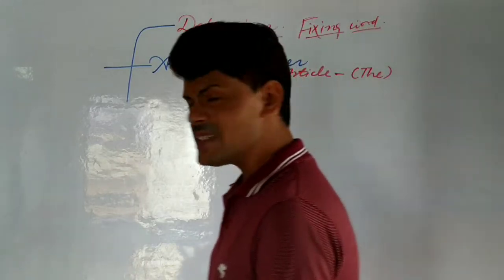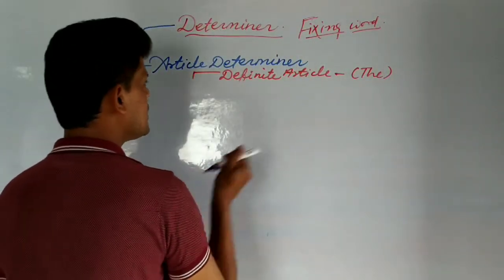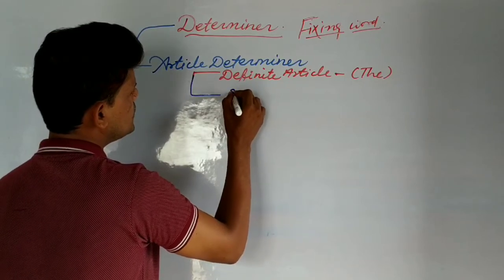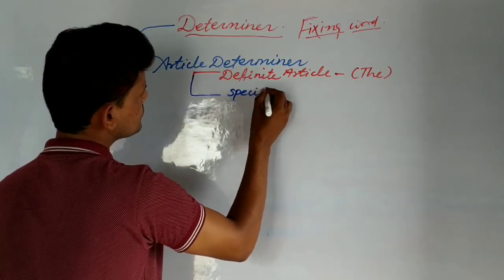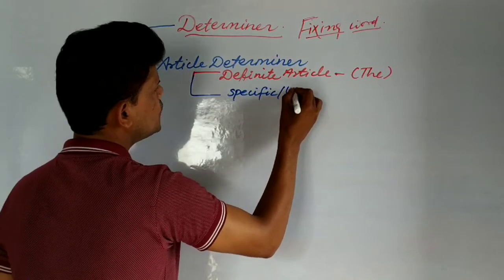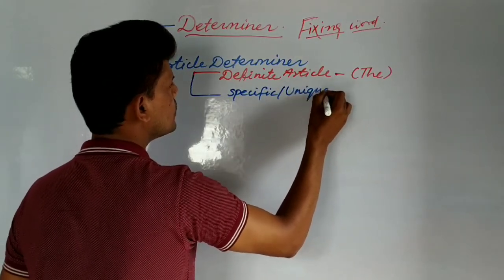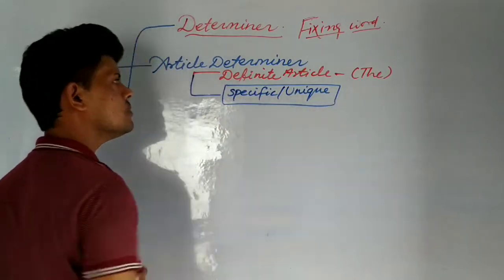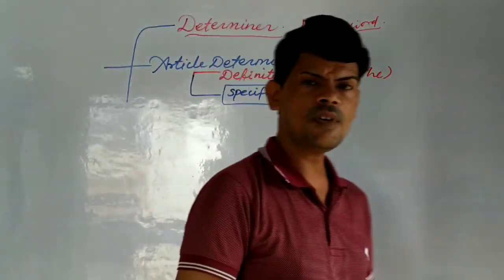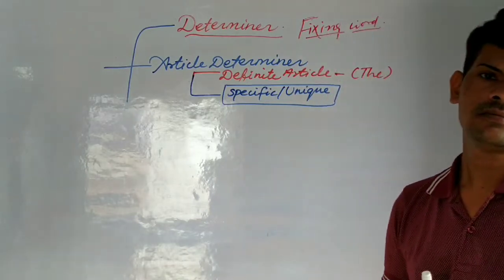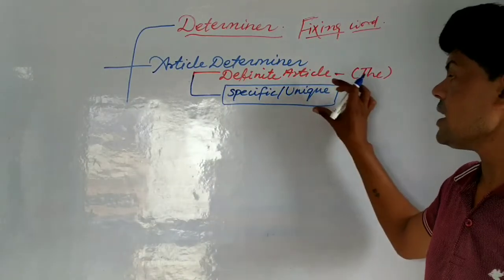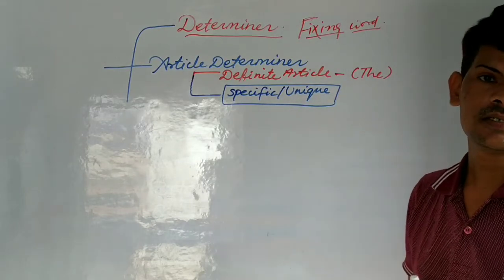Okay? We can say that definite article is always used for specific and unique objects. Always specify noun or noun words, specific and unique objects.